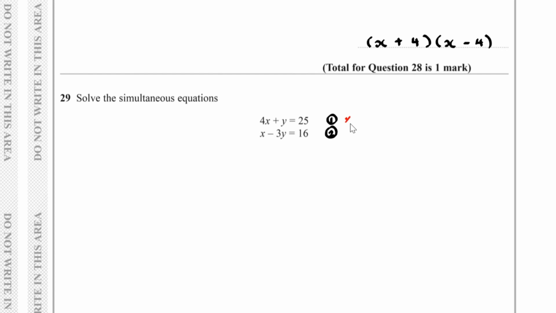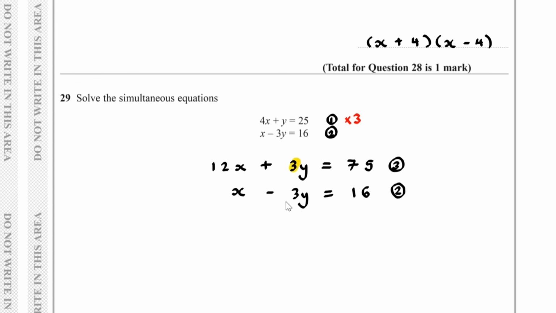So if I times 1 by 3, 4x times 3 is 12x, y times 3 is 3y, 25 times 3 is 75. We'll call this equation 3. And then we've got equation 2, x minus 3y equals 16.